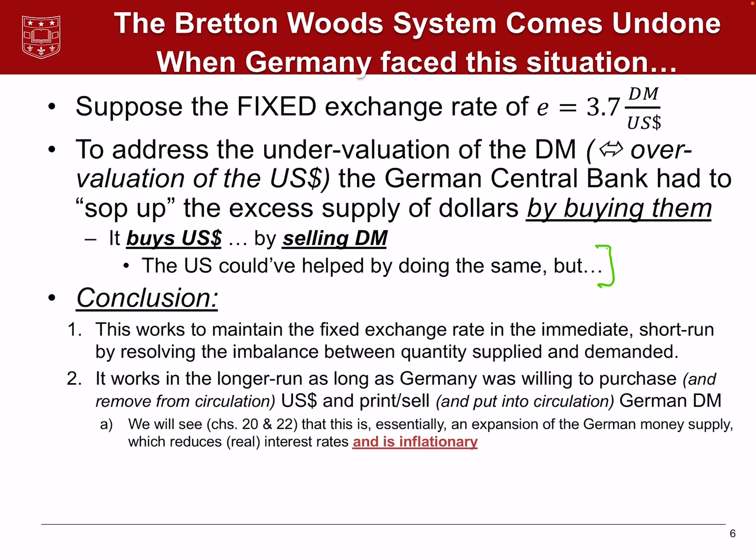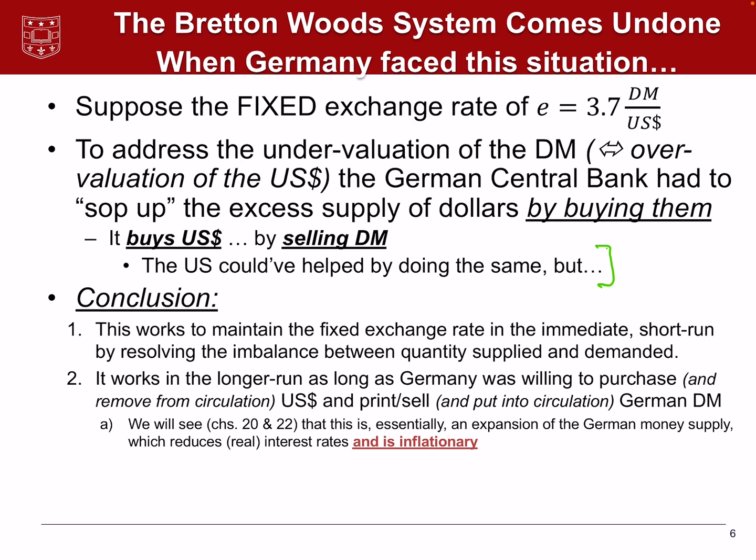So dollars are becoming more scarce, which should serve to drive up their value, which is what we want. And Deutschmark are becoming relatively more abundant, and so that should serve to reduce the value of the Deutschmark until we're able to maintain this exchange rate of 3.7 Deutschmark per dollar.